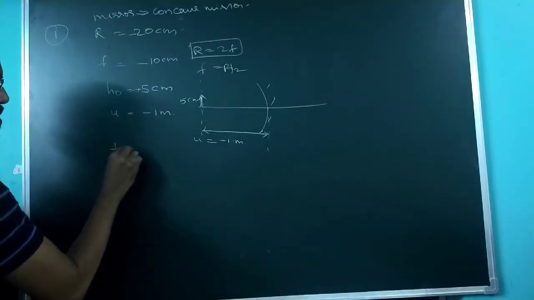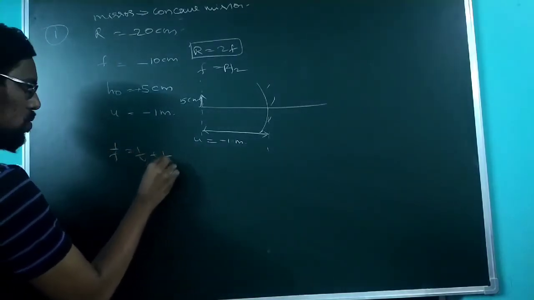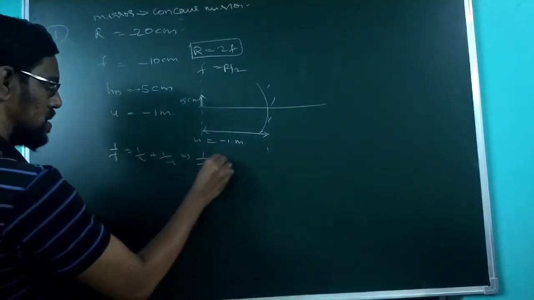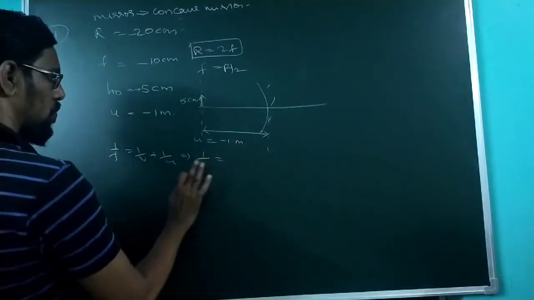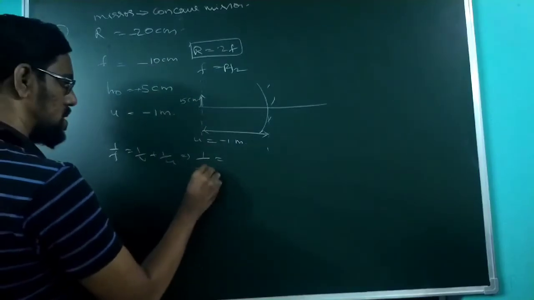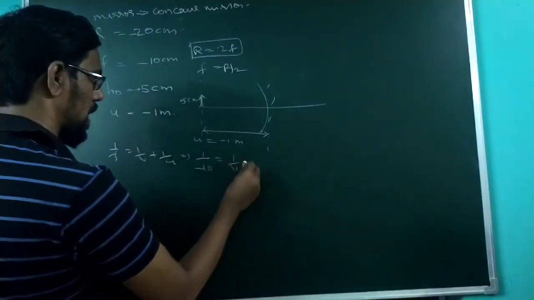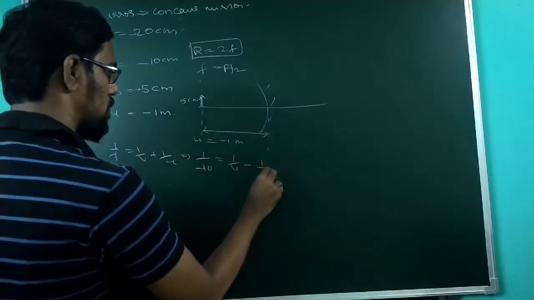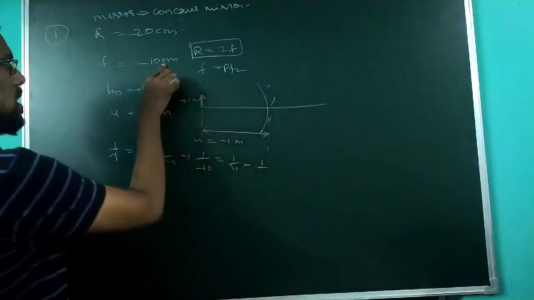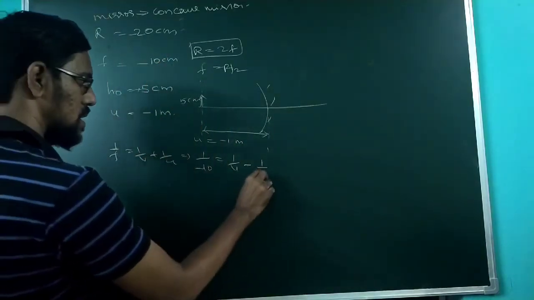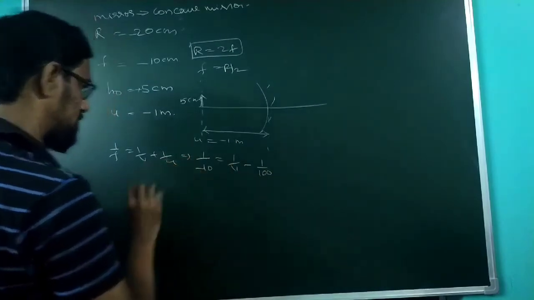So 1 by F is equal to 1 by V plus 1 by U. F is minus 10 cm and U is minus 1 meter, which means 100 cm.